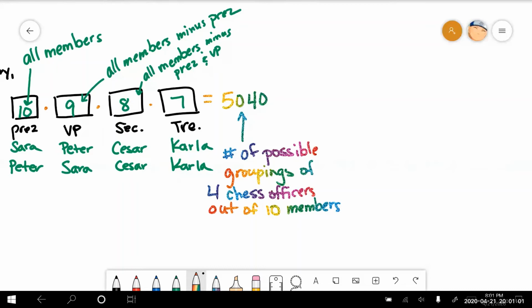So if we're getting numbers like 5,000 and we're only picking 4 out of a group of 10, when we start working with problems with larger numbers, these numbers are going to get pretty large pretty quickly. And I don't want you to have to sit there and spend time making huge lists. So we need to find some way of taking care of this using some math, some computation here.